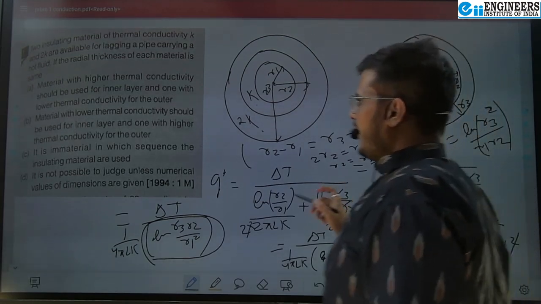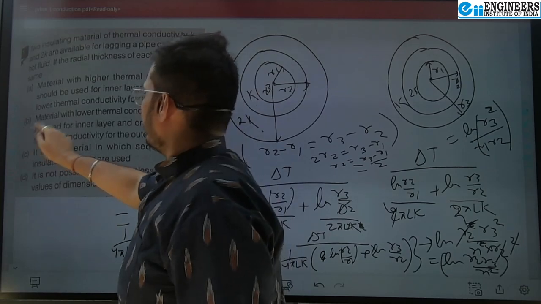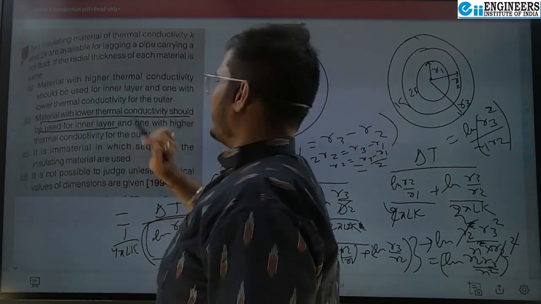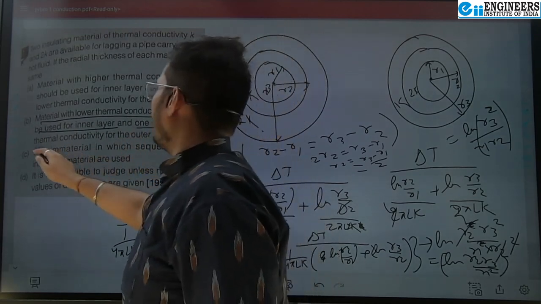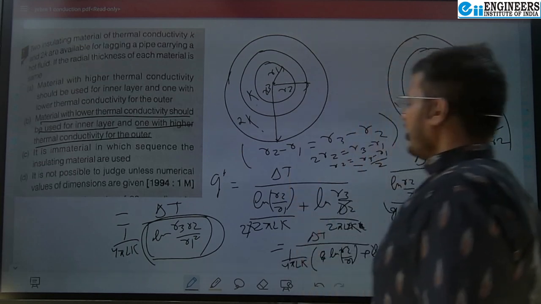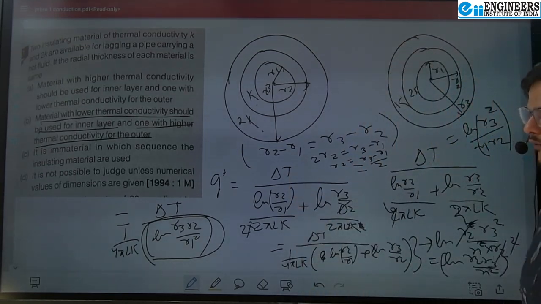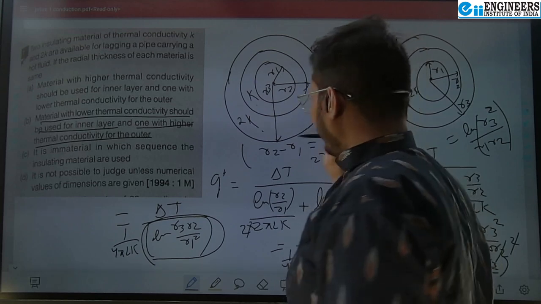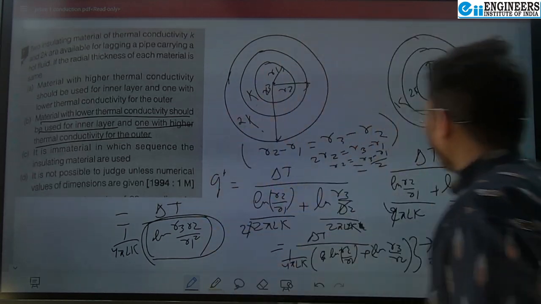You will get that the material with low thermal conductivity is used for the inner layer, and the material with the higher thermal conductivity is used for the outer layer. Hope you got it.